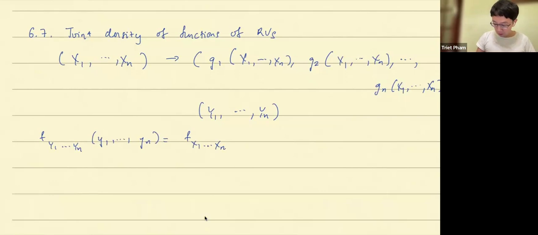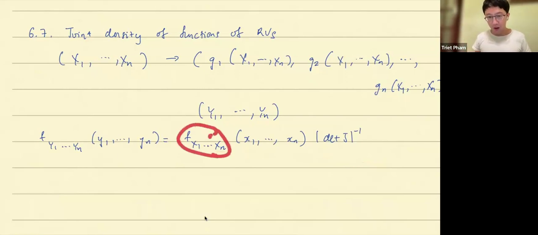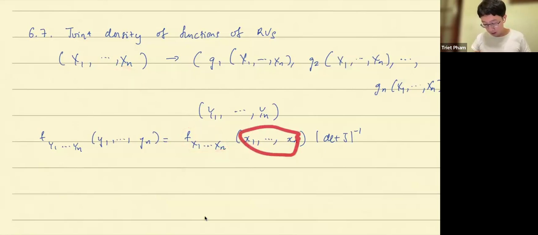Now, what the textbook will do is they'll just write this, and let me just write that. So that's what the textbook would write. But what it really means is that you take the original structure of the joint densities, but you have to solve for the x in terms of the y variables.